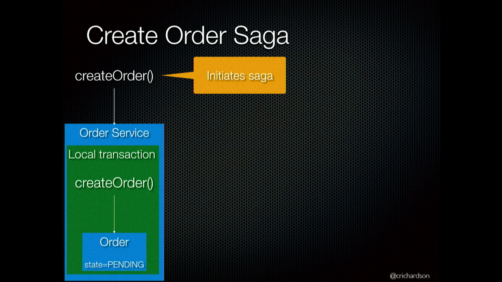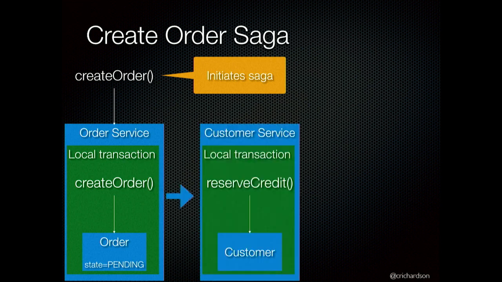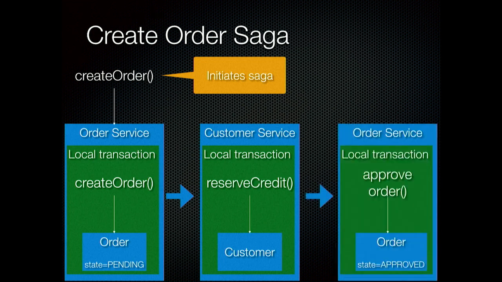Then the next step is to reserve credit in the customer service, and assuming that's successful, the final step is to approve the order back in the order service. So instead of one distributed transaction, we have a series of local transactions.